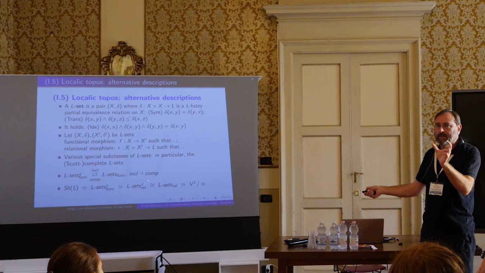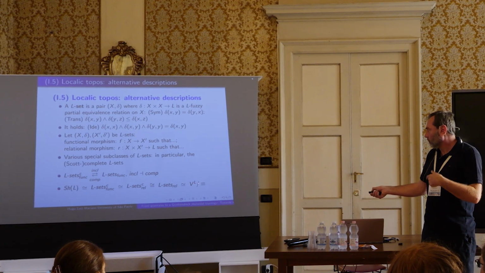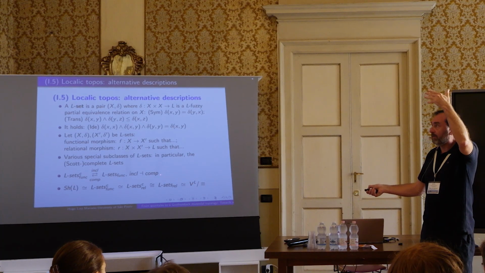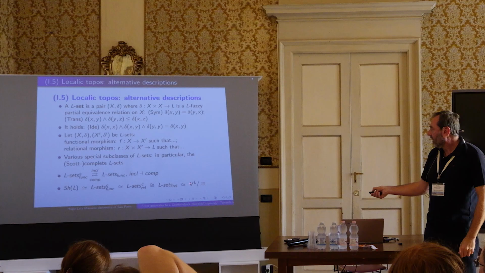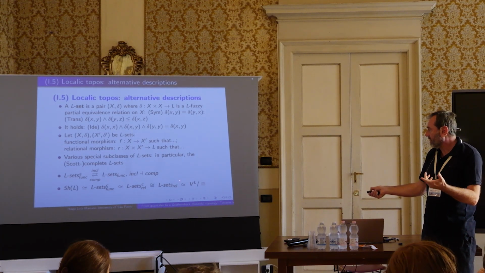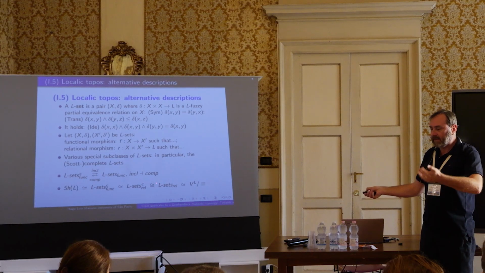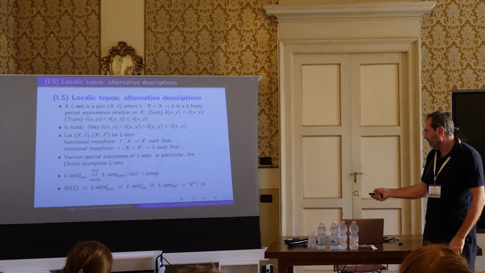The objects are equivalence classes of these elements of the universe extended by the locale, and the arrows are equivalence classes of some things that the universe sees as a function.